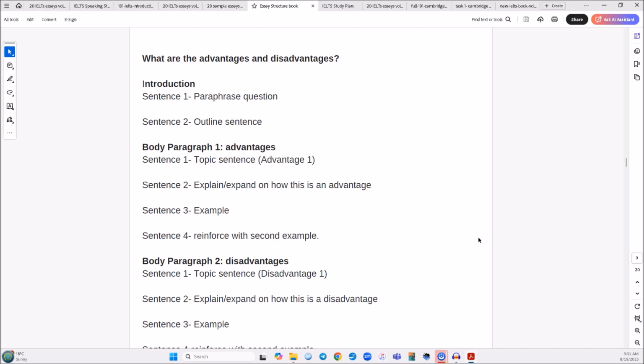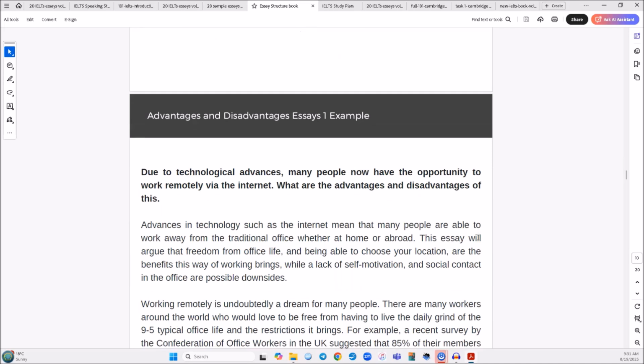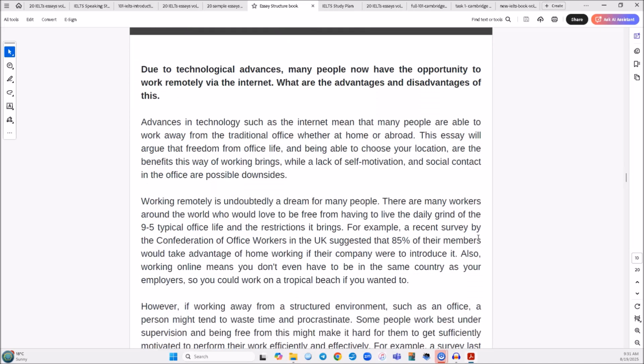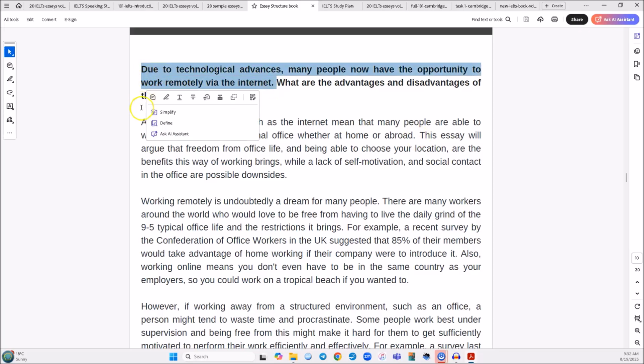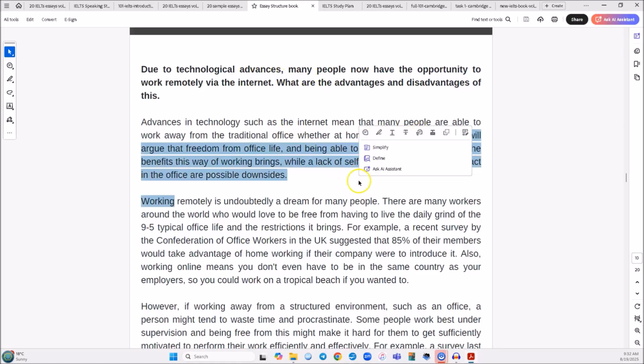All that you do for your introduction, this is the same for task 1: sentence 1, paraphrase the question. That's it. Answer the question. Yeah? Advances in technology, such as the internet, mean that many people are able to work away from the traditional office, whether at home or abroad. That paraphrases that, due to technological advances. And then, answer the question.